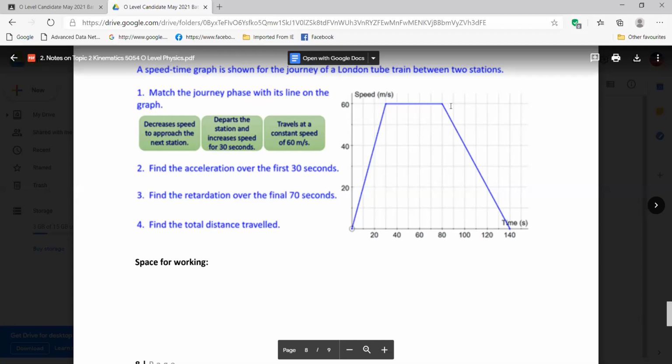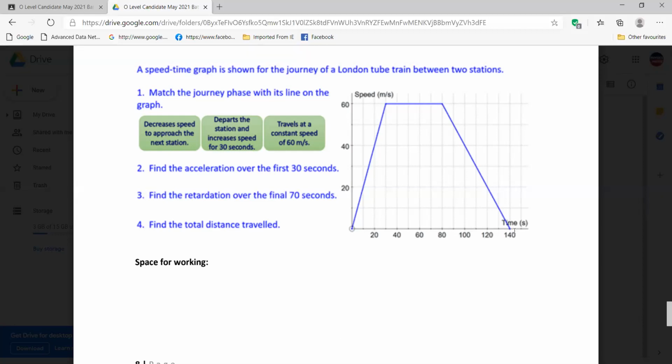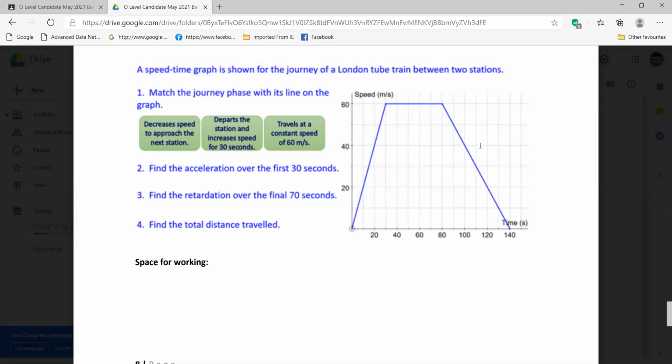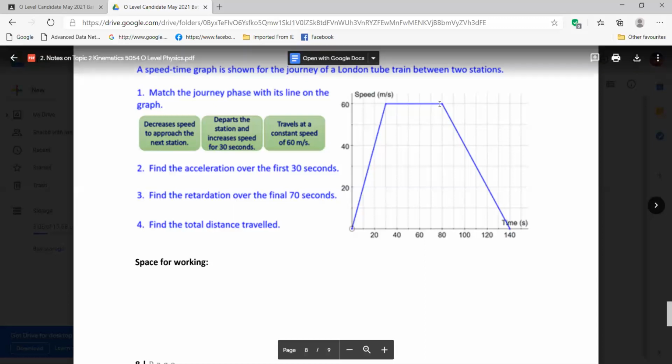Yes, sir. So you got here V. V will be how much here? U is 60 here, and V is final, right? Because you started here and you finished here. So your U is here 60 and V is here 0. So 0 minus 60, right?